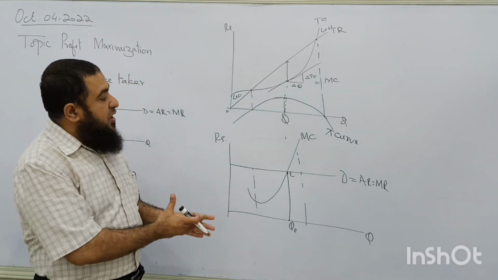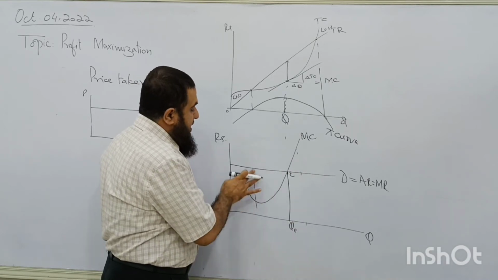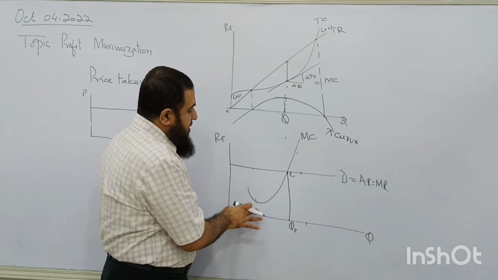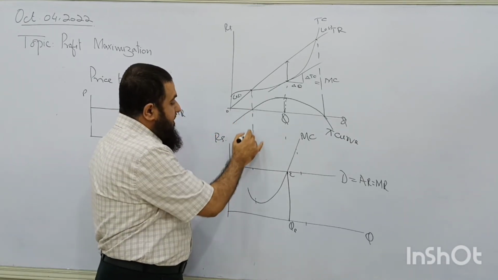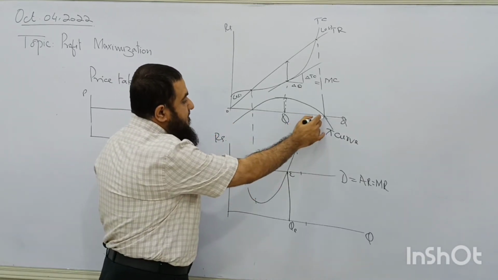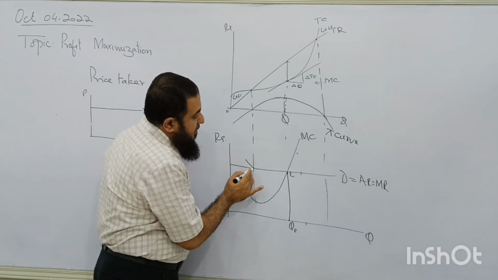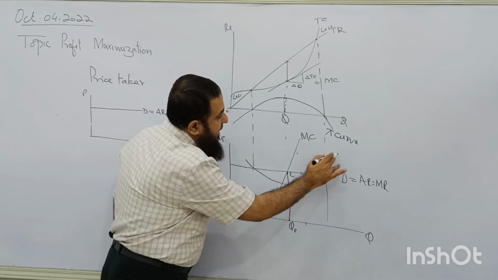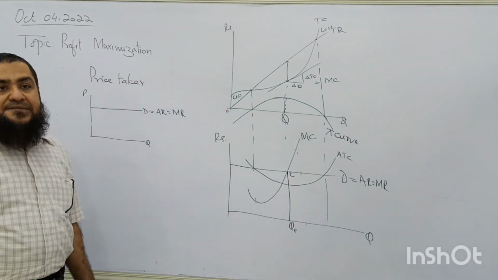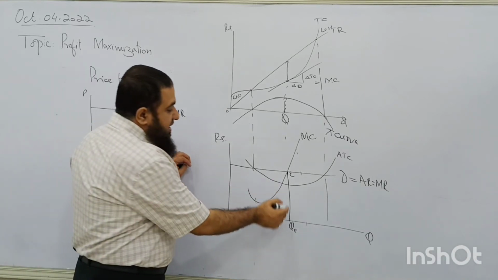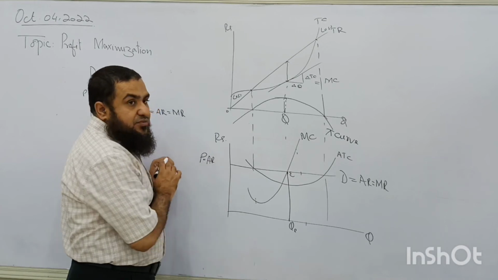How to see the total profit maximization in this lower diagram? Look here. I am going to draw the average cost over here. This is the shape of, if you remember, the average total cost. Clear? We see at this level of output, price is equal to average revenue.